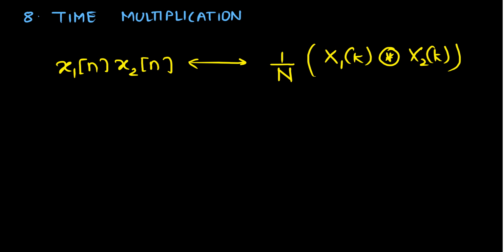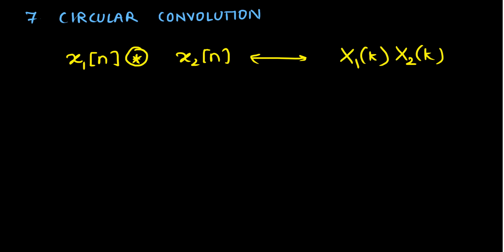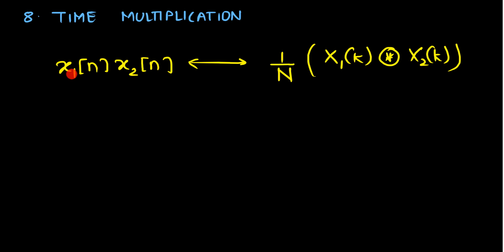So this is similar to the circular convolution in the time domain: when we have circular convolution in the time domain, we get multiplication in the frequency domain, and similarly if we have multiplication in time domain, we get circular convolution in the frequency domain but with a scaling factor of 1 by N. So this is the time multiplication property.